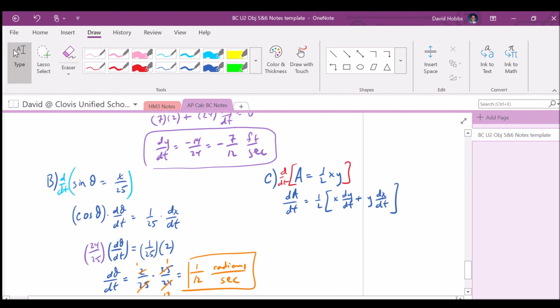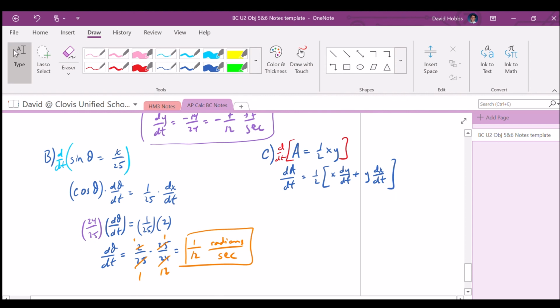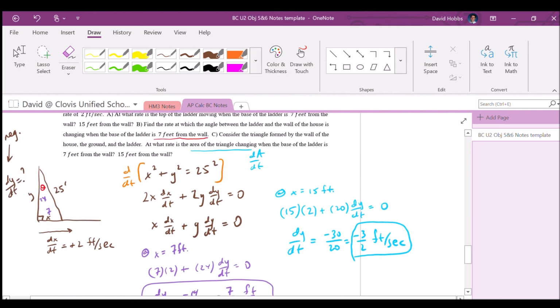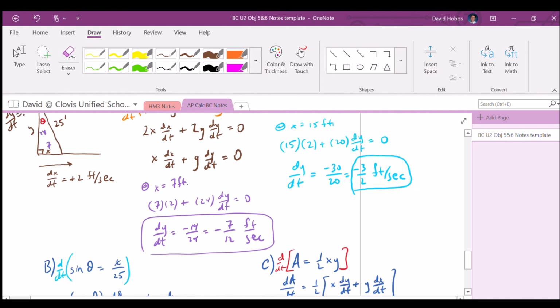Now, we know dx dt, because that was given to us. Do we know dy dt? Well, yeah, we do, because remember part A, we calculated at different values. At x equals 7 feet, we got dy dt to be negative 7/12.